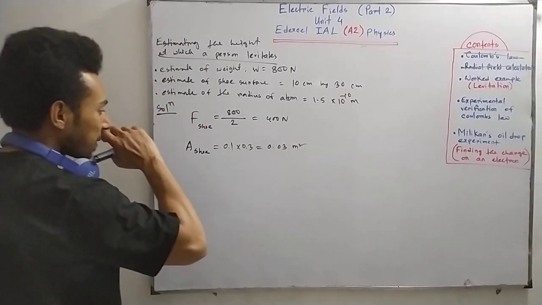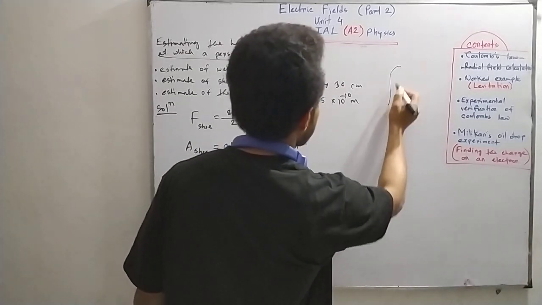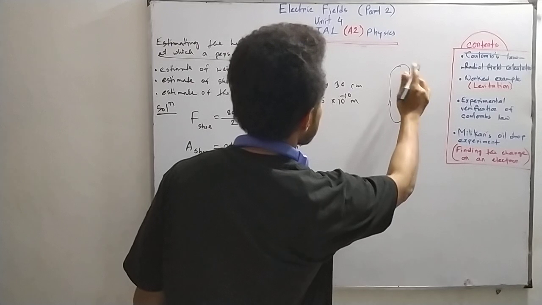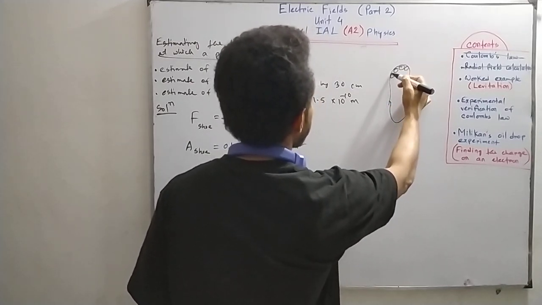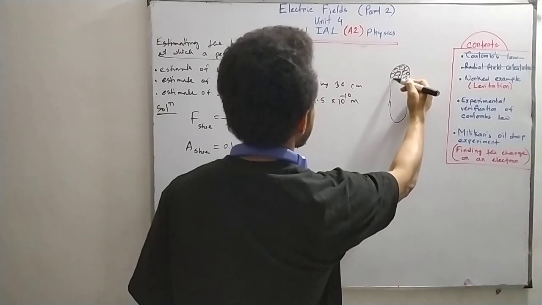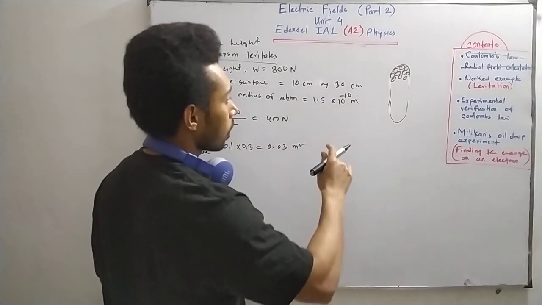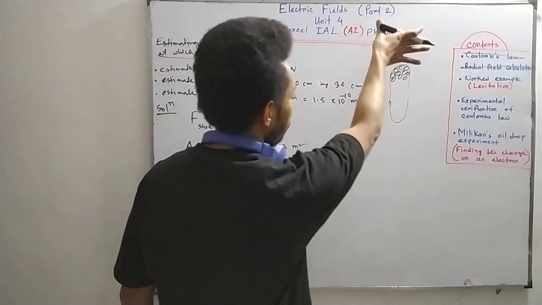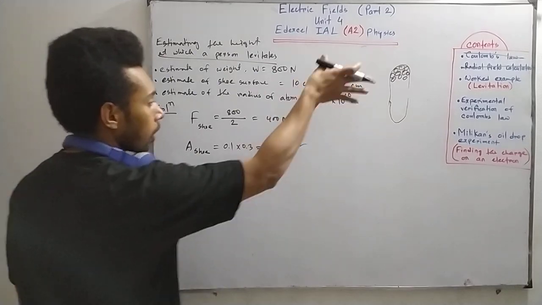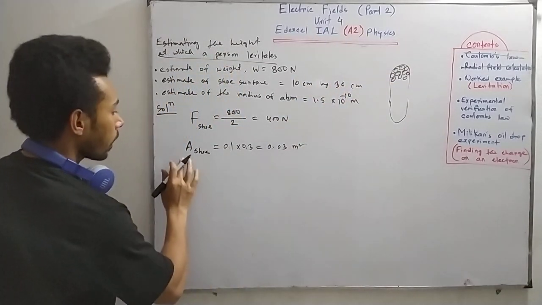Now suppose this is the bottom surface of your shoe, and this will have atoms like this. Now we are going to find out how many atoms are there on the bottom surface of the shoe, because all those atoms are supporting the force.